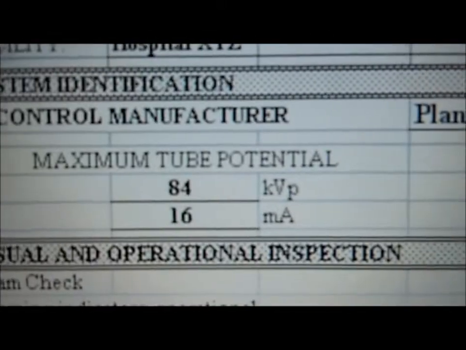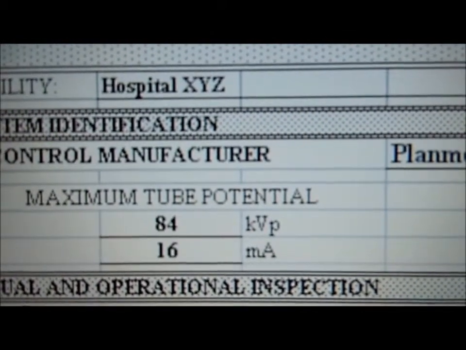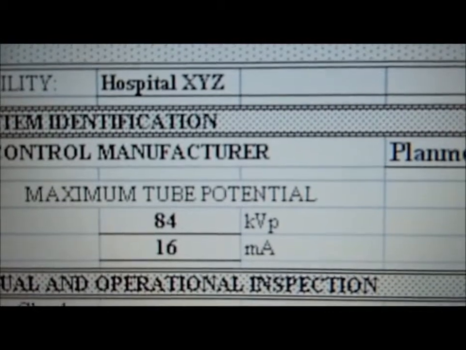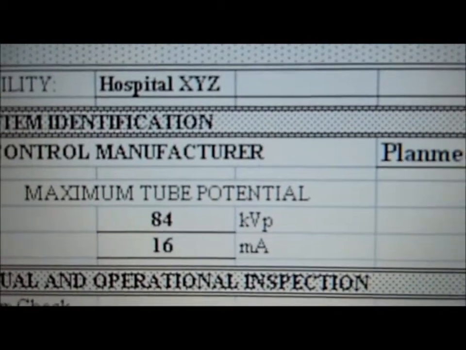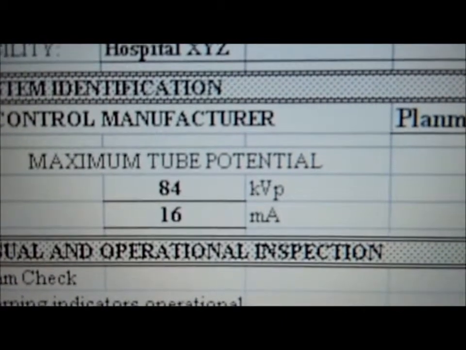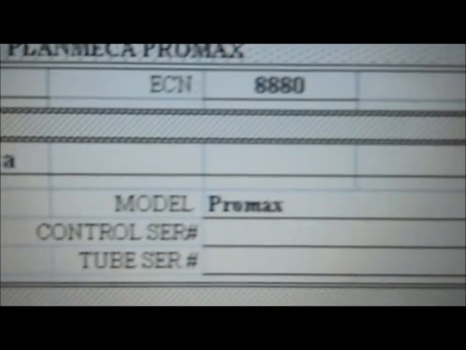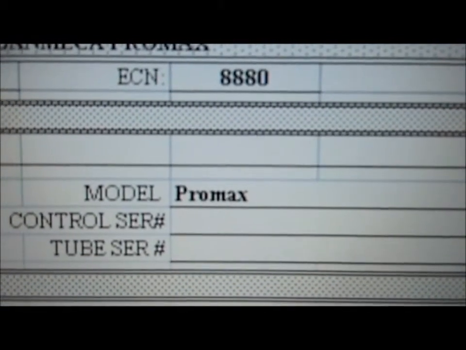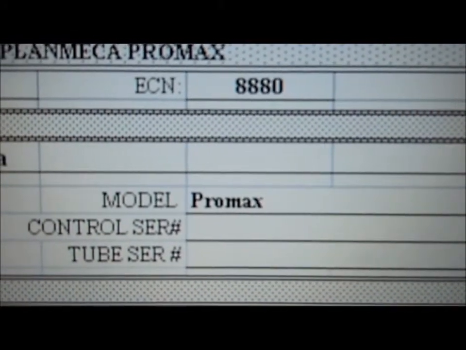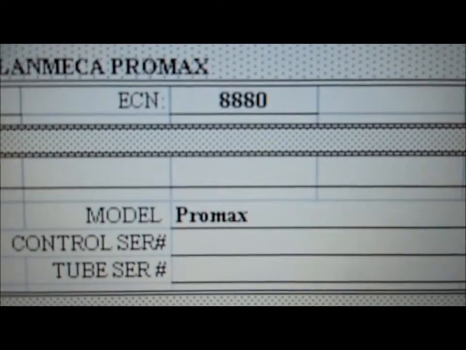Moving along, we have the system identification number, which is the manufacturer, plan mecha, the maximum tube potential, which we can find right off the tube, we also have the make and model, the control serial number, and the tube serial number.